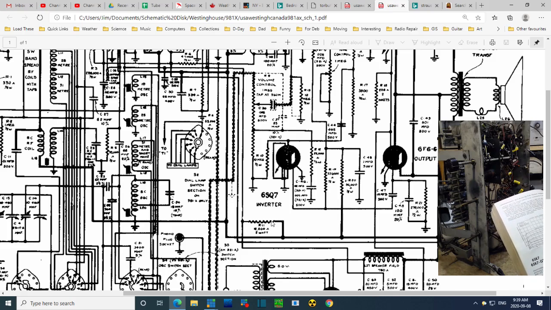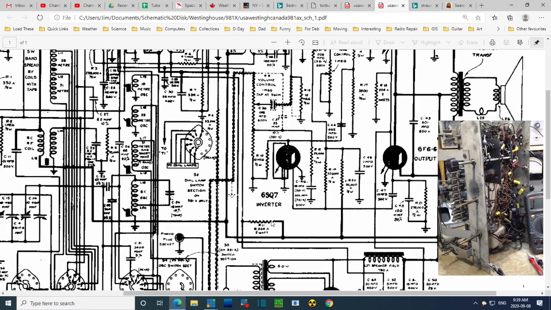No, 6 is the screen. So it's a great big screen resistor. Those could be a little larger, I think.